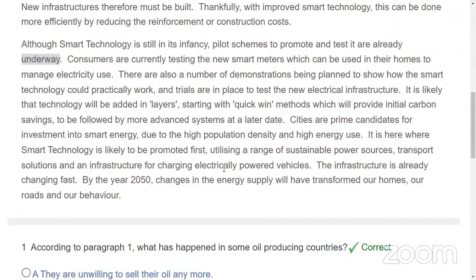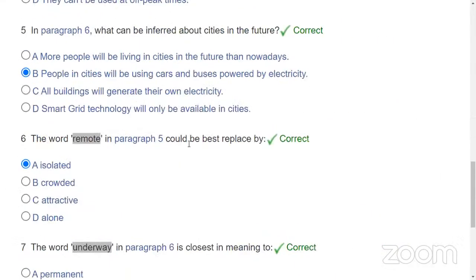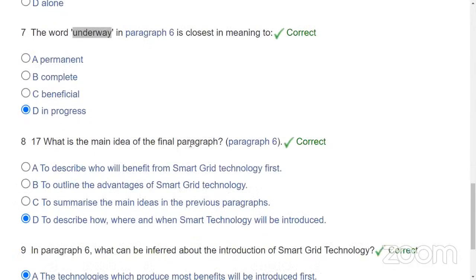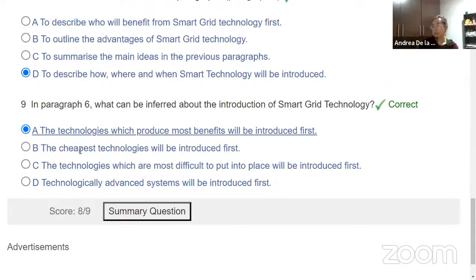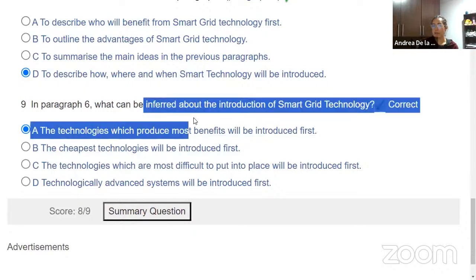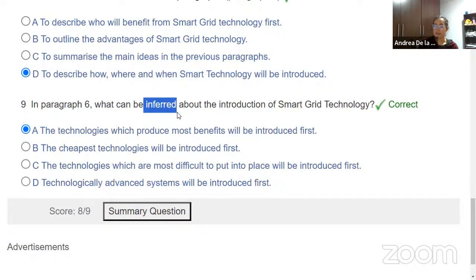Oh, okay. It's kind of tricky, right? Because I don't know, if I have to infer, I infer that the advanced systems have more benefits. It could be. Yes, it is a little bit subjective in a way because at the end of the day, anybody can infer many things.